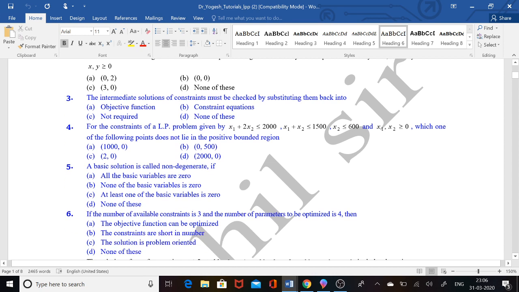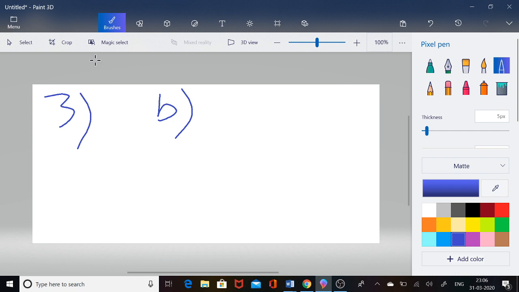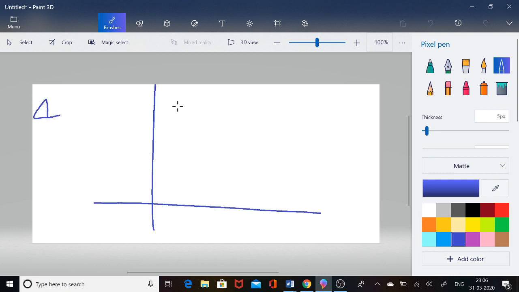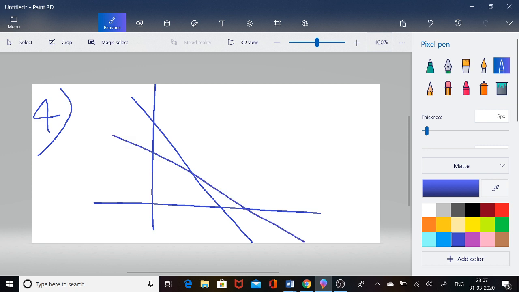It is obvious. For the fourth, the answer is B. You need to plot this graph, because the intermediate solution of the constraint must be checked by substituting back in them. So obviously you're going to substitute in the constraint equation.